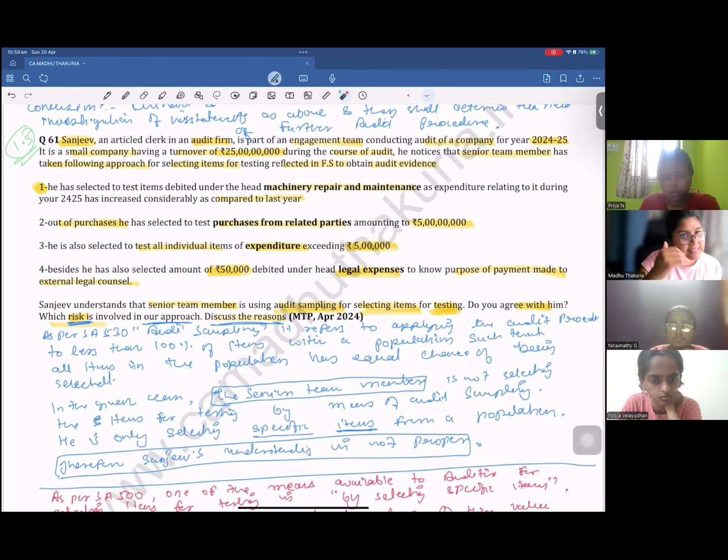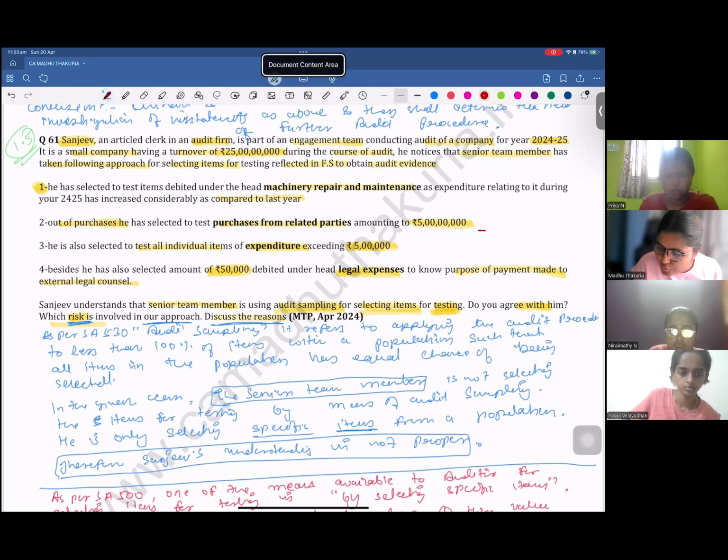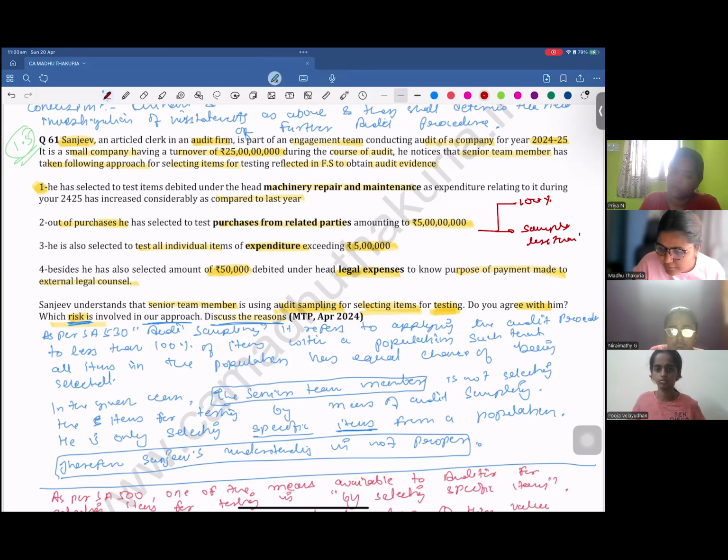First, tell me, is he allowed to do something like that? Can he select a particular monetary unit to only audit? No, ma'am. It is allowed. In the beginning of the standard, rather in SA 500, they have told that not necessarily are you always going to check 100% of the transactions. So one option is to check 100% of the transactions. Two, you do sampling, less than 100%.